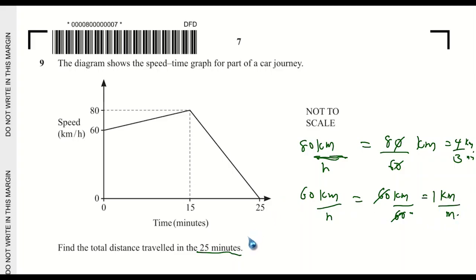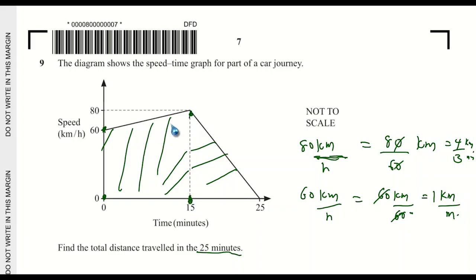The total distance covered in the 25 minutes is the area under this graph. We have two shapes: the trapezium and this triangle. For the trapezium, we take these two sides as the two parallel sides, and the height is from 0 to 15.